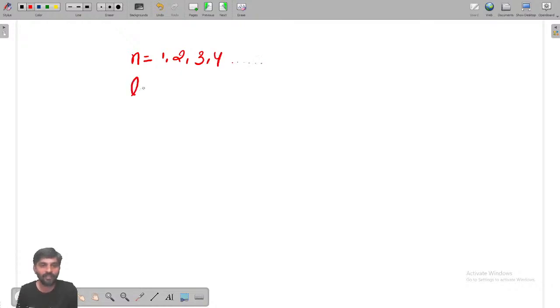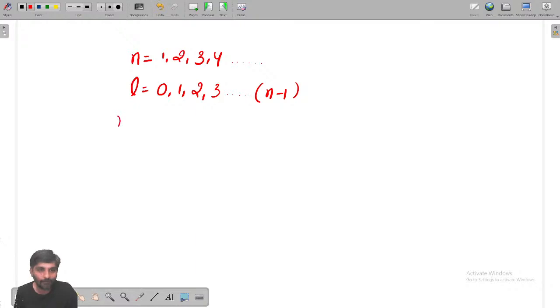What is the value of l? l starts from 0, then 1, 2, 3, and so on up to n minus 1.